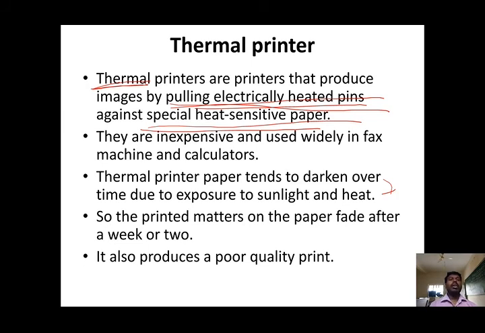Dear students, you can take mall bills and BMTC bus tickets. After receiving the paper, take your nail and make one cross. You can see there is an impression, or you can write, because whenever you make a line on the printed paper, it produces heat. Just try it once.